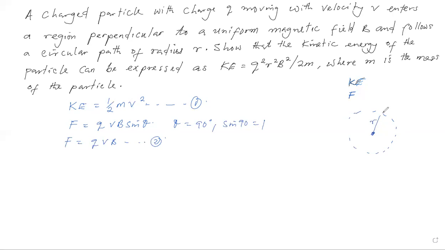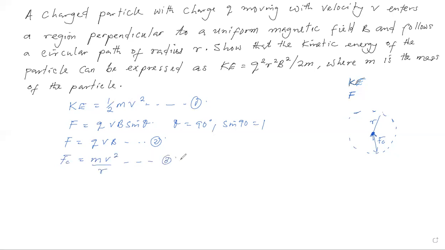Now this particle is moving in that circular path. The force exerted towards the center is what we call centripetal force, and centripetal force is given as mv squared over r.